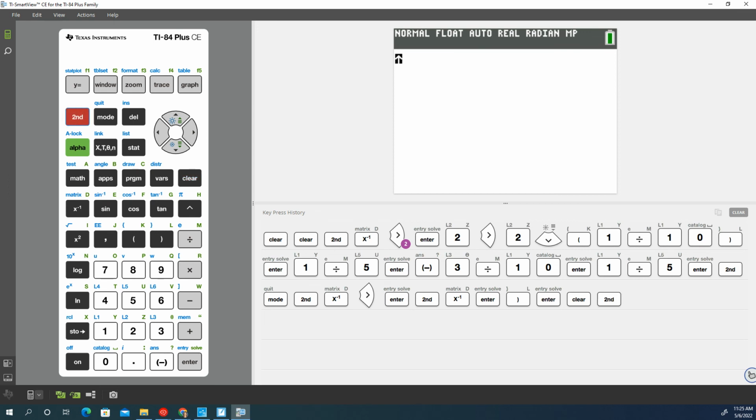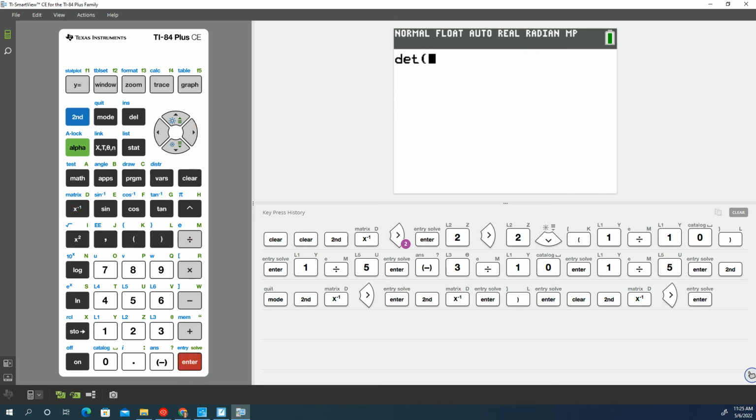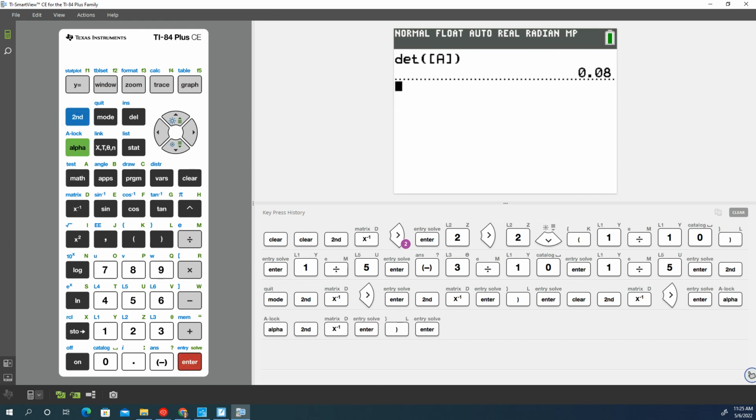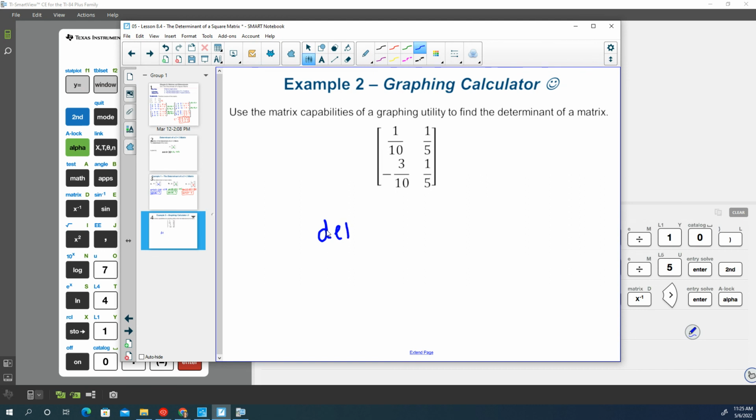All right, second matrix. We want to do some math. Okay, I got it. Determinant. Matrix A. You want to change it to a fraction? I got it. 2/25.